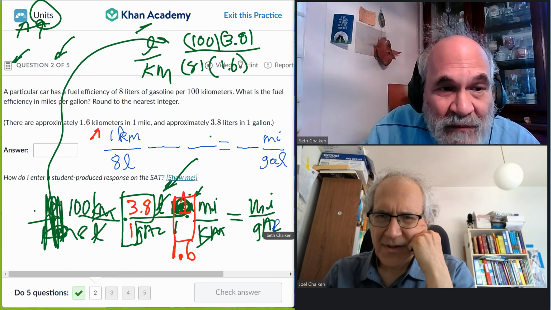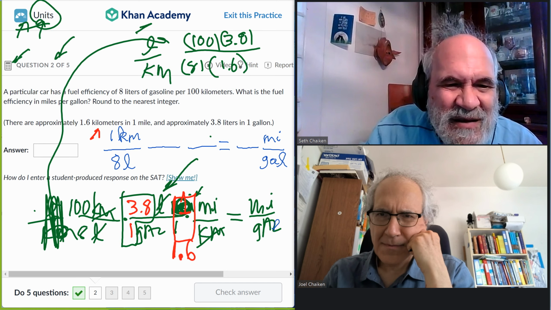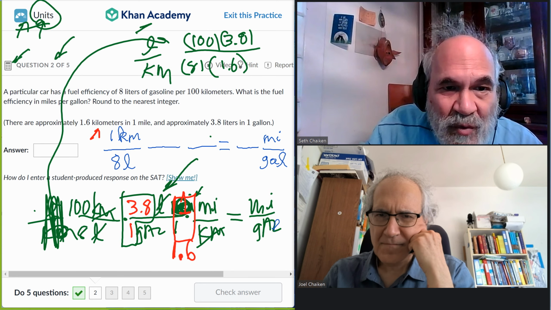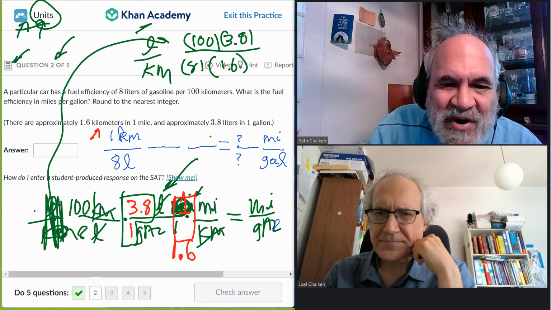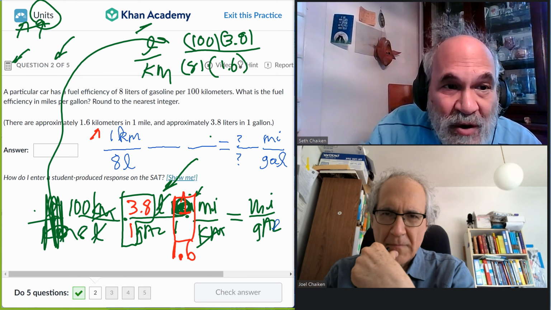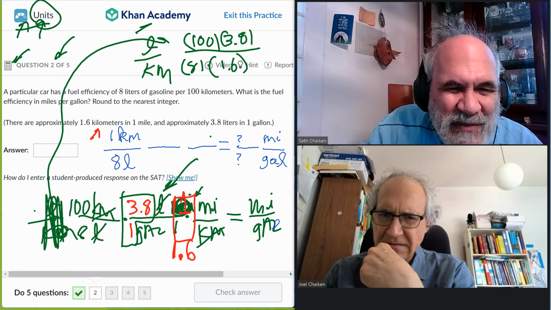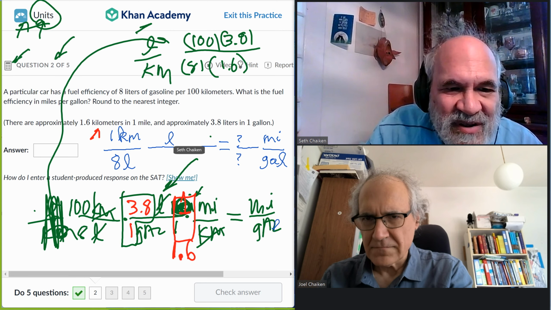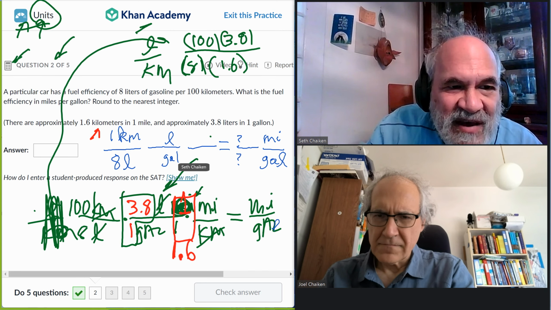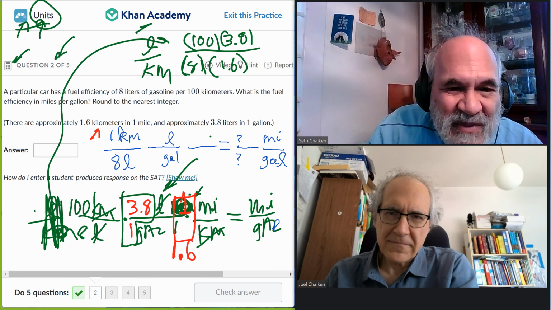Okay, there we go. So we know it's 1 kilometer per 8 liters, and we want the number here, which is the number of miles per gallon. So we multiply 1 kilometer per 8 liters by how many liters per gallon, and they tell us the conversion.